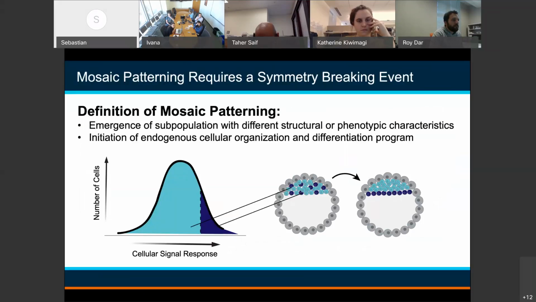Mosaic patterning can be defined as the emergence of a subpopulation with different structural or phenotypic characteristics. This is caused by a population of cells having heterogeneous response to signal, with some of these having a heightened response, which then leads to this bifurcation event that eventually initiates an endogenous cellular organization and differentiation program.